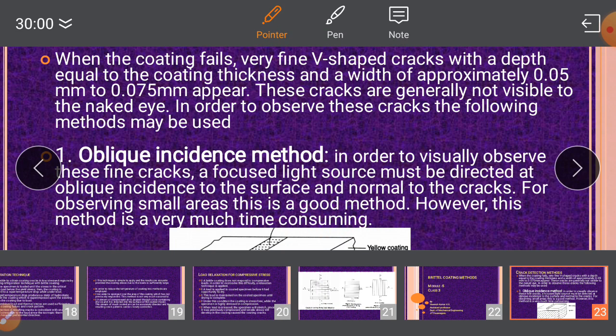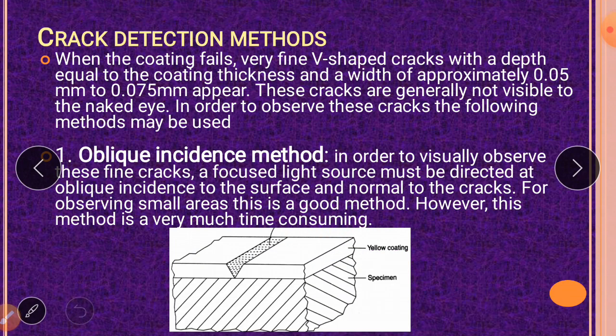I will just show you how it is done. You can see this crack in this direction. In this direction, the light is going to be focused. The light is focused, which means it is an oblique incidence. It is not perpendicular. In that oblique incidence, we incline the light at an angle, and from that inclination we get a reflection of light.